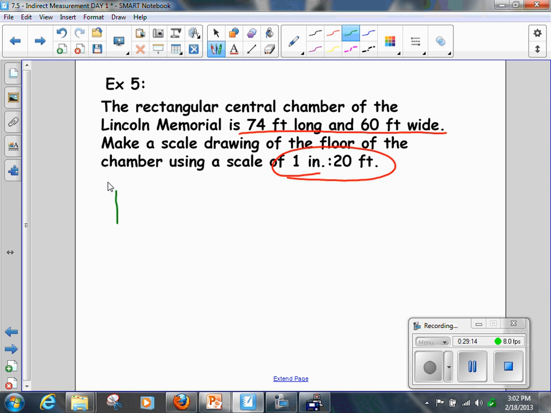The scale is 20 feet, okay? What is she finding first, the length or the width? Okay, keep going.